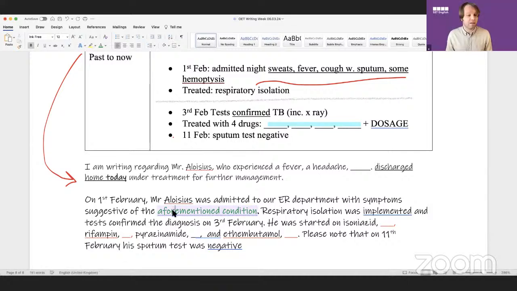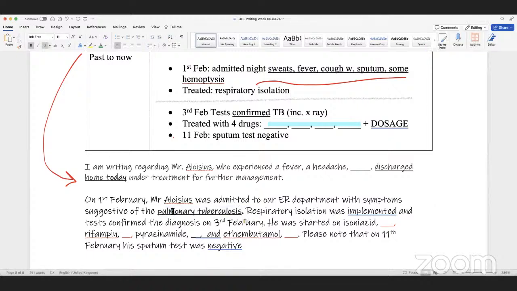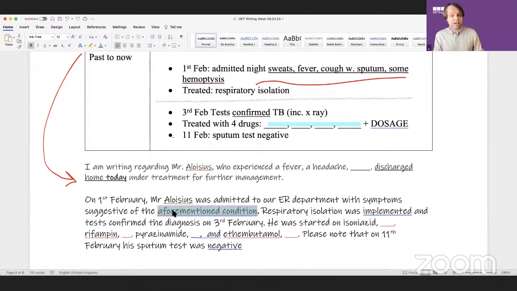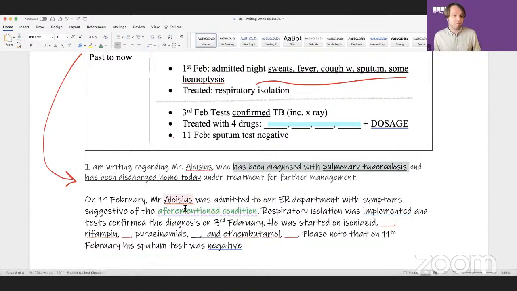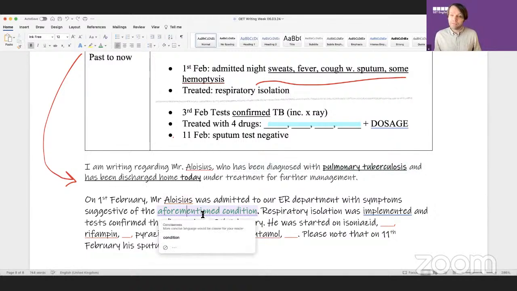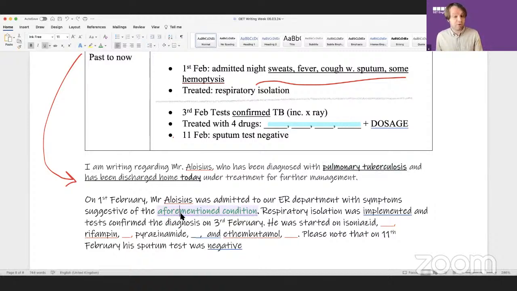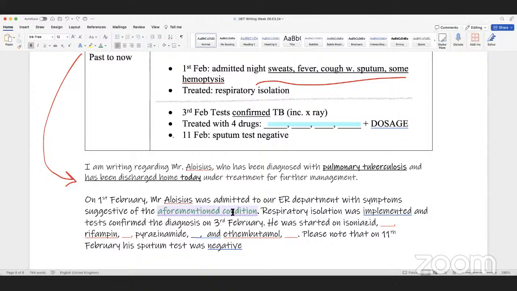Now, what should I do here? Suggestive of the signs and symptoms. Right? So, guys, if you say the diagnosis in your introduction, then don't repeat it in your timeline. If you give the symptoms here, then you can put the diagnosis here. Does that make sense, everyone? Yeah, thank you, sir. Just don't repeat yourself. Repeating it sounds childlike and low level English.